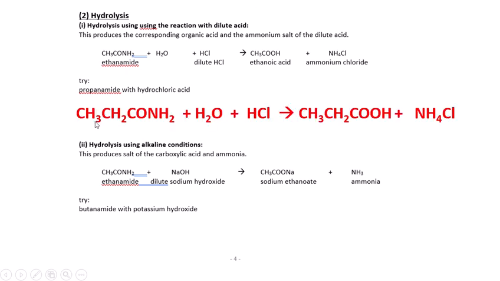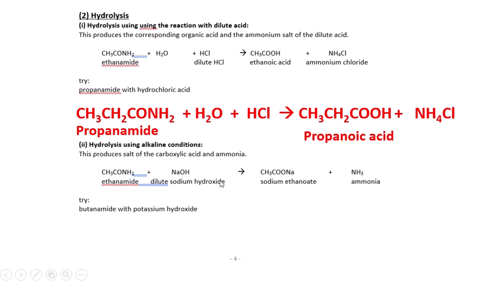So propanamide would be 3 carbons, so CONH2, the amide, and then that's 1, 2, 3 carbons. And when you're heating it with dilute hydrochloric acid, water, and HCl, it gives the corresponding acid. So propanamide would turn into propanoic acid, and then the other product would be an ammonium chloride salt.